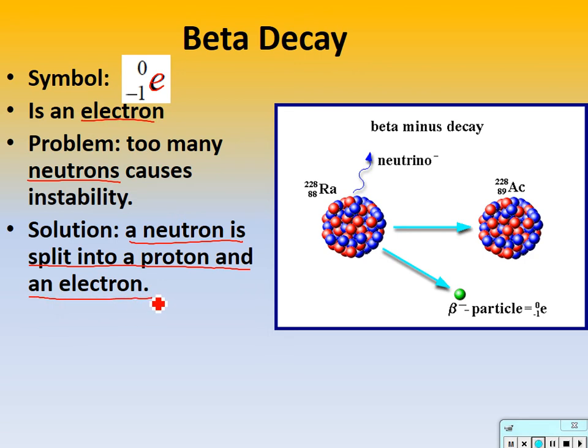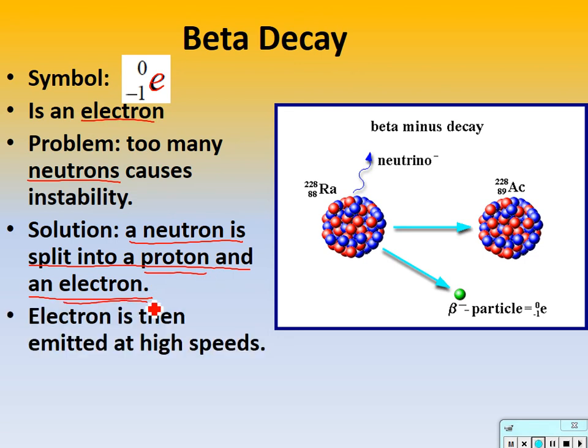What? It takes a neutron and does what to it? It splits a neutron into what? Into a proton and an electron. Okay? Well, what happens with that electron? The electron is then emitted at high speeds, which means given off at high speeds.